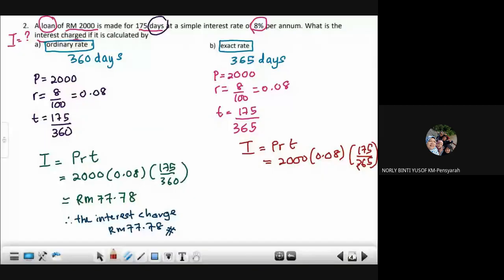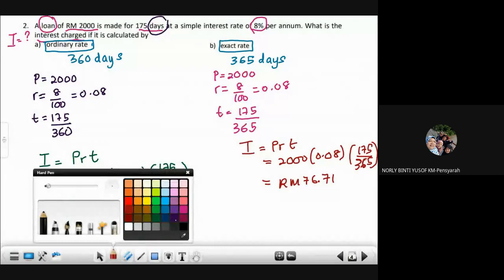Masuk tadi. Oh, ni masuk. Okay, 365. Okay, then you calculate with calculator, you will obtain RM76.71.